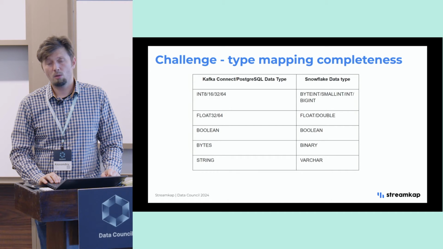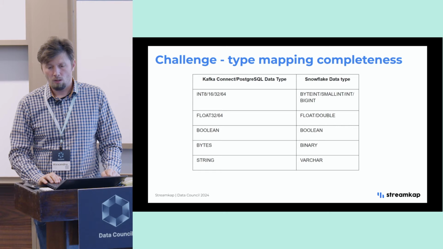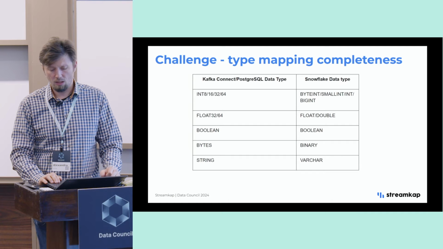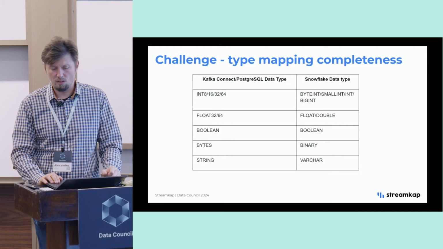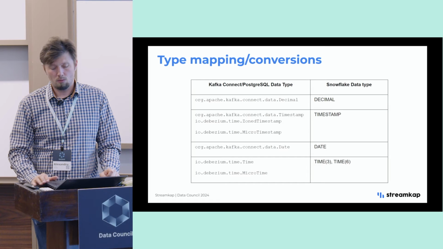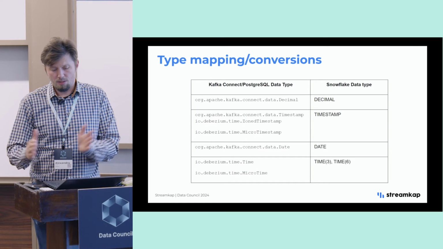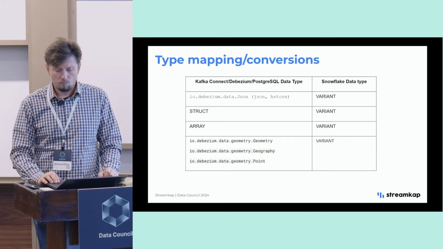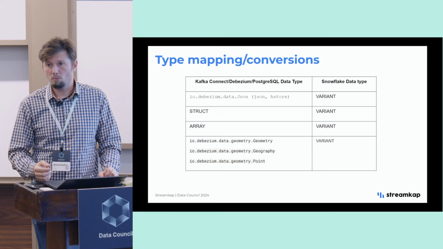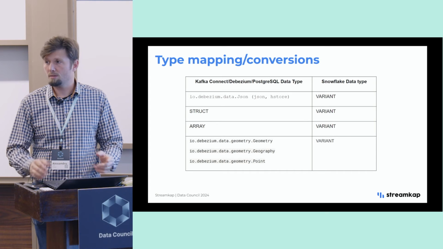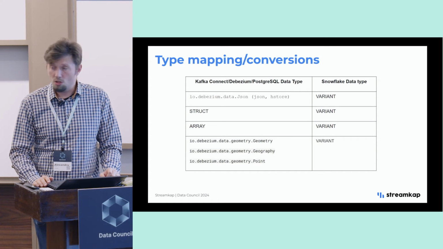Another challenge can be maintaining a good mapping between the source data and the destination data. So usual data types are obviously very easy to handle and very well supported. But there are tweaks done by Debezium when it sees various data types, like the precision of the timestamps, the precision of time-based columns, JSON data, JSONB data, HStore data, nested structures, nested collections, nested arrays, nested structs, geo data.